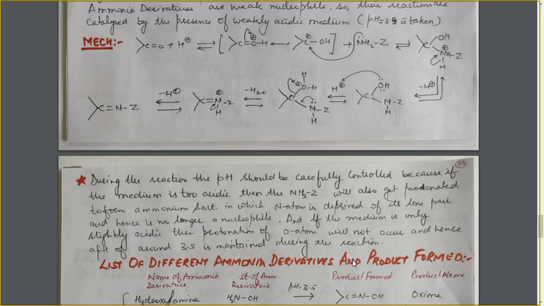Now the question arises: I am putting a question for you, why is this H positive ion protonating this oxygen atom? Why not this nitrogen atom? This is the same question which I have asked earlier also.